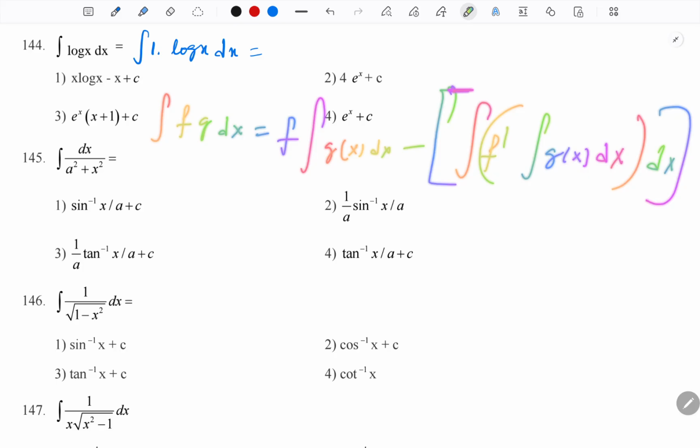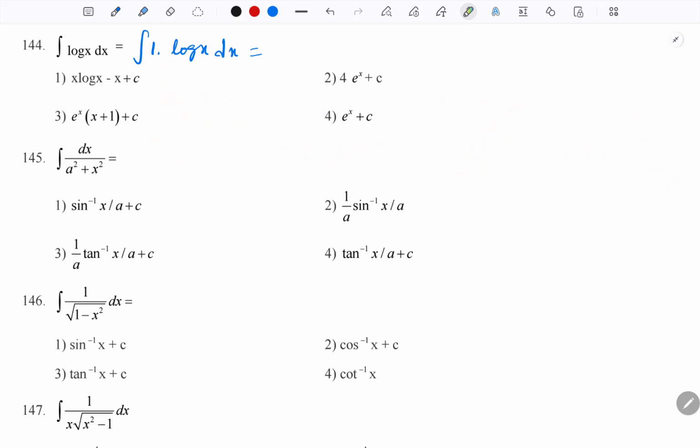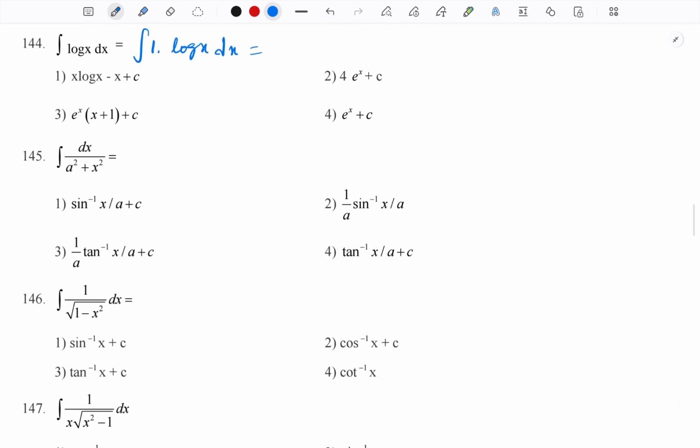So what is f and g here? Sorry students, here I spoke wrong.